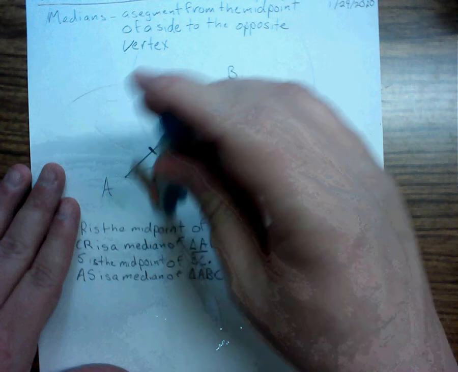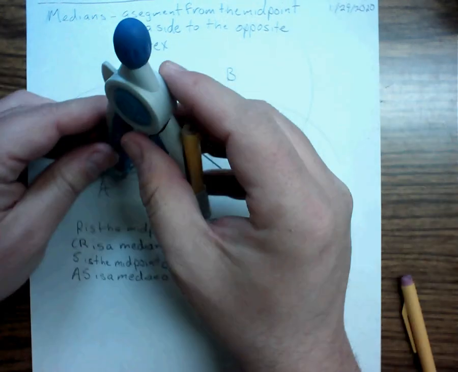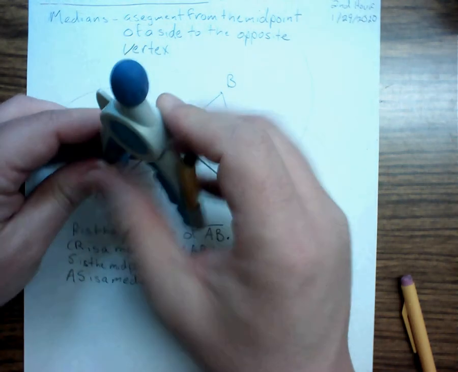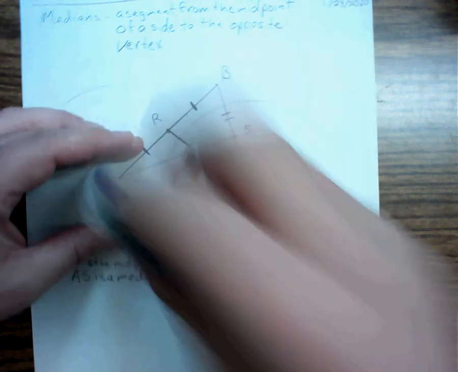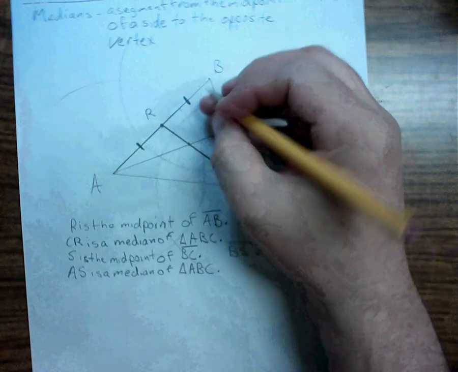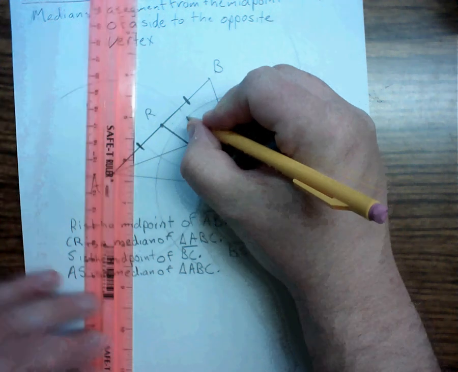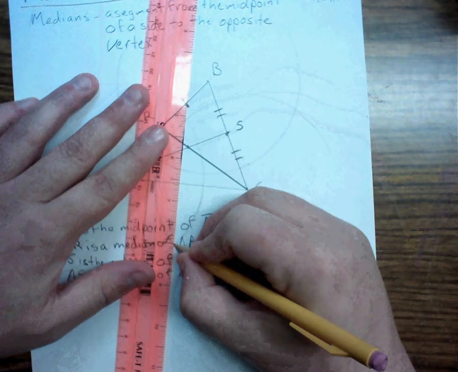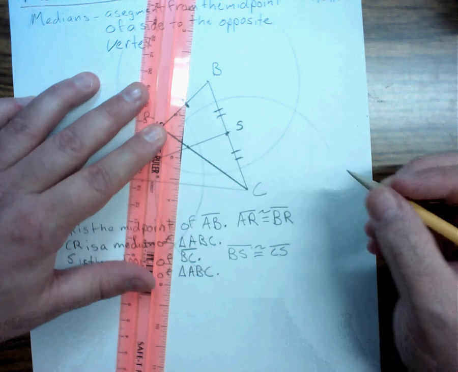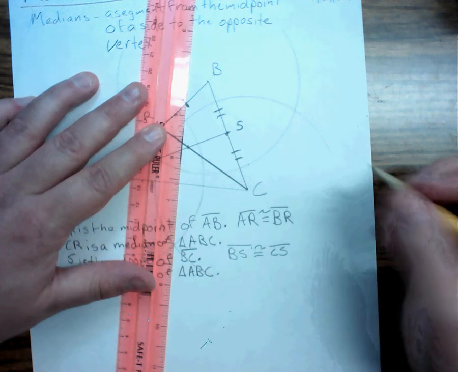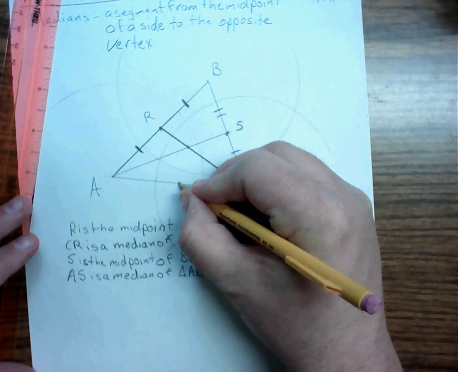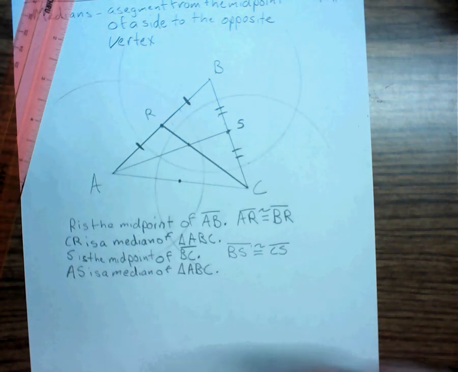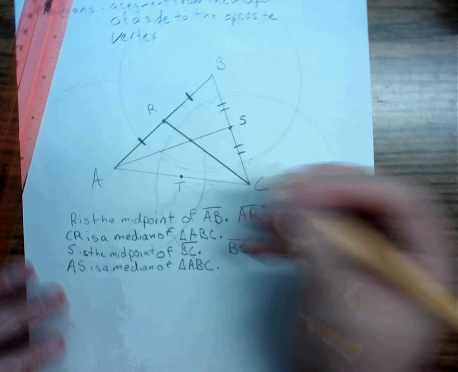I have an arc here, and if I go to A, I'm going to construct my arcs here. Right? And so I have an intersecting point here and an intersecting point here. So if I line those up, I'm only interested where it crosses right here. Okay? That is the midpoint, T.